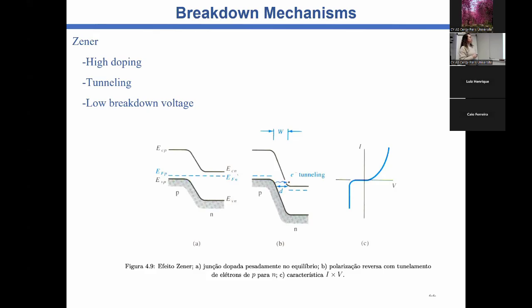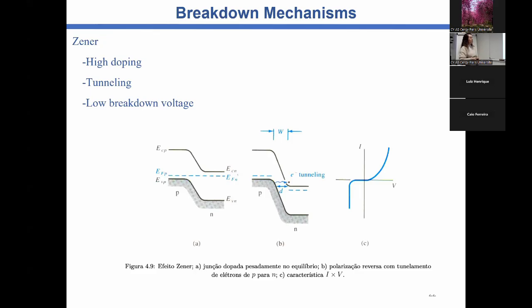And yeah, you must be aware, because you give more free charges that could also impact the material you are analyzing. And this breakdown voltage is low.